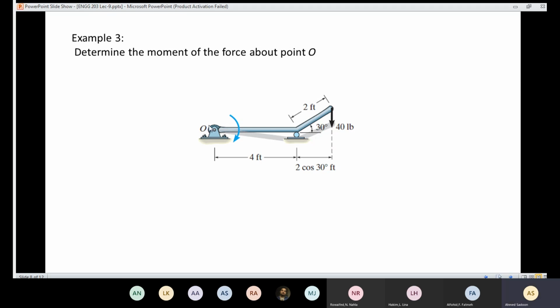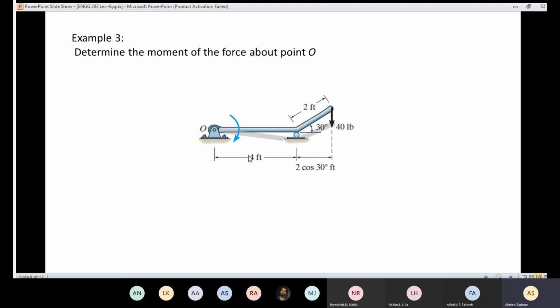Then I'm going to draw a line from the point O which is perpendicular to the line of action. So this one is here, and this one represents the perpendicular distance. Again, the perpendicular distance cannot be here or here because it's the shortest distance. So the perpendicular distance is going to be this distance.